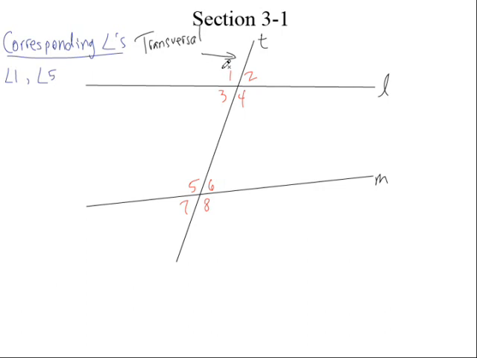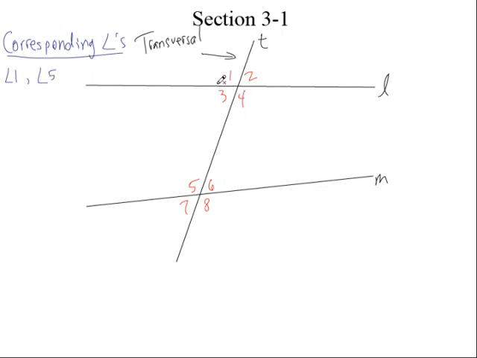I'm finding the relationship between these angles. Everybody understand? So if I say, what's the relationship between angle 1 and angle 5, you would say they are corresponding angles, right? So if I said, Amber, what's the relationship between you and Ashley, what would you say? You are sisters, right? Or twins, whatever. Okay, you are sisters. So what is the relationship between angle 1 and angle 5? They are what? Corresponding angles. Okay, that's the relationship between them.